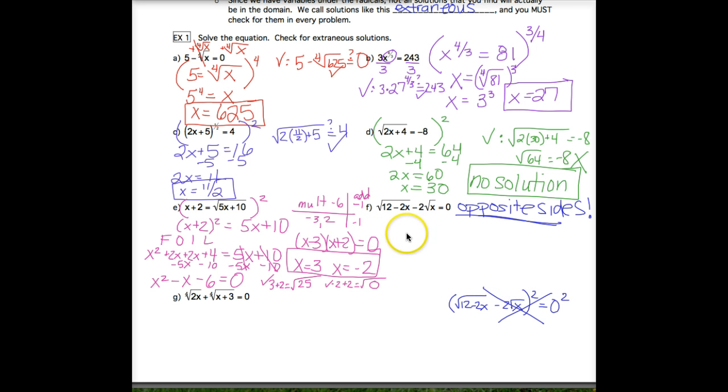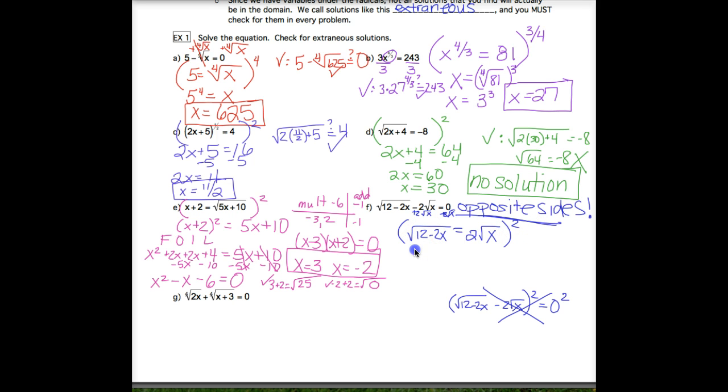So the first thing I'm going to do is move this one over by adding. So add 2 radical x to both sides. Now that the radicals are on opposite sides, I can take my appropriate power because I'm not going to have to worry about foiling. So opposite of square rooting is to square.